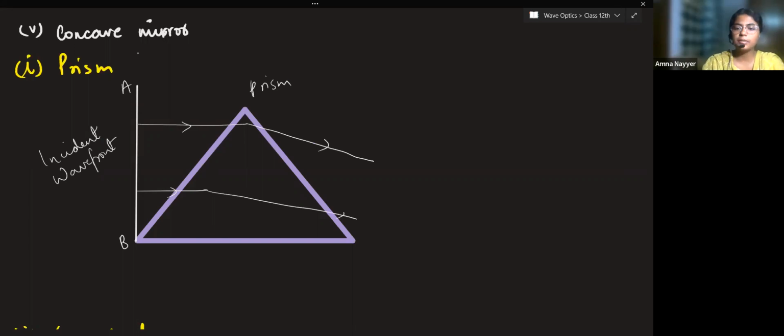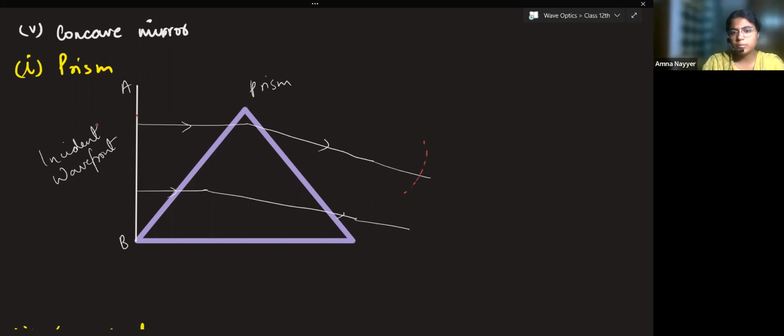So what will happen when the refraction will occur through these ends? If you draw and see for this point source, somewhere here we will obtain. Why here? Why not here? Because of refraction. Otherwise, normally you would have obtained it here.